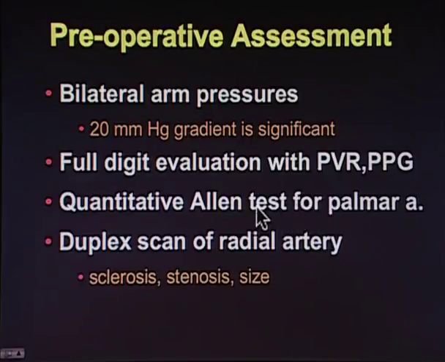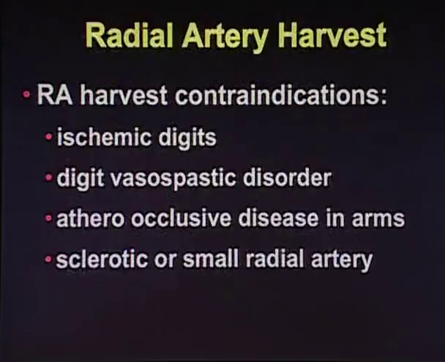There's a subjective Allen test that can be performed by holding down the radial and the ulnar arteries and squeezing the hand a few times. But there's an actual quantitative test that I'll show you that can be done with PPG that's quite convenient. Then we also scan the radial artery for stenosis, for sclerosis, calcium within the artery, and then also measure the size of the radial artery.